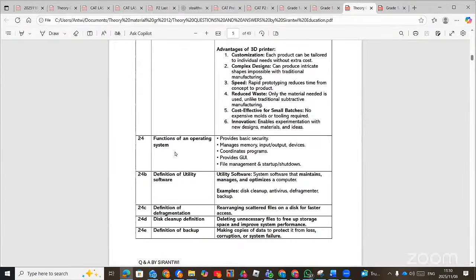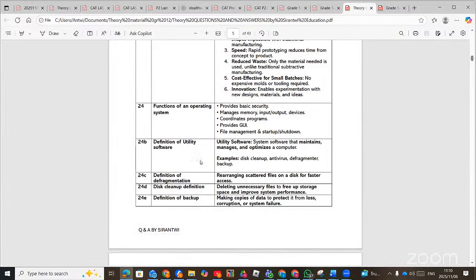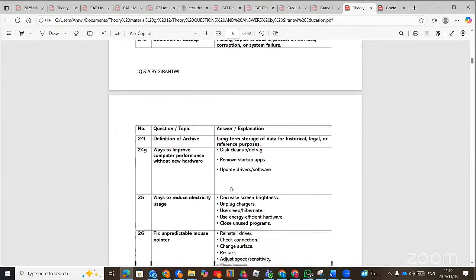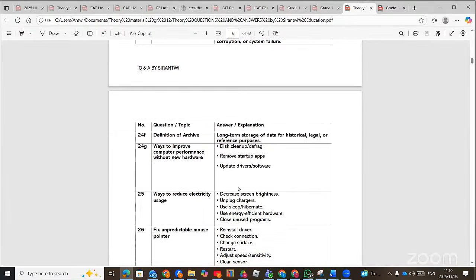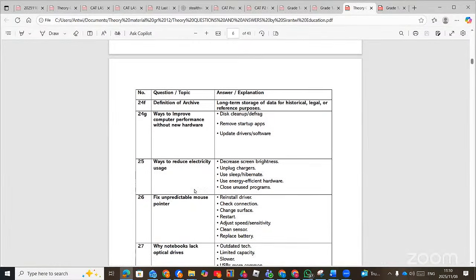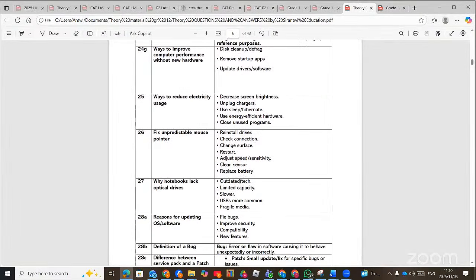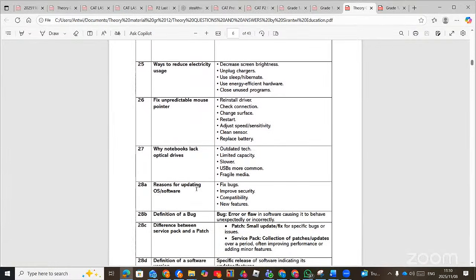Functions of operating system. They keep on asking that type of question. Providing basic security, providing GUI and others. What is utility software and examples also. Definition of defragmentation. It was in last year's question paper. They asked that question. Definition of archive, long term, ways to reduce electricity usage, and why notebooks are not used these days.